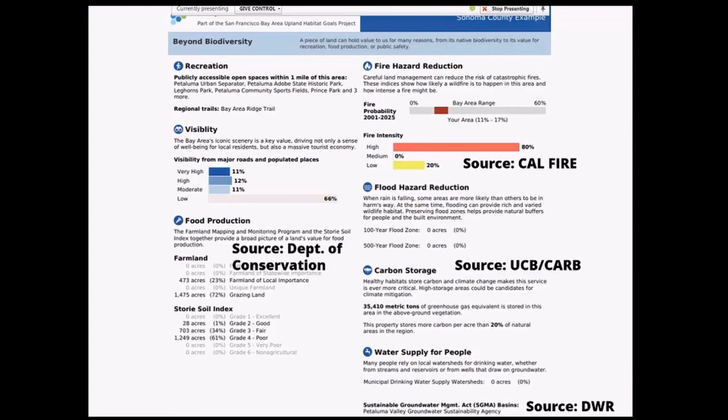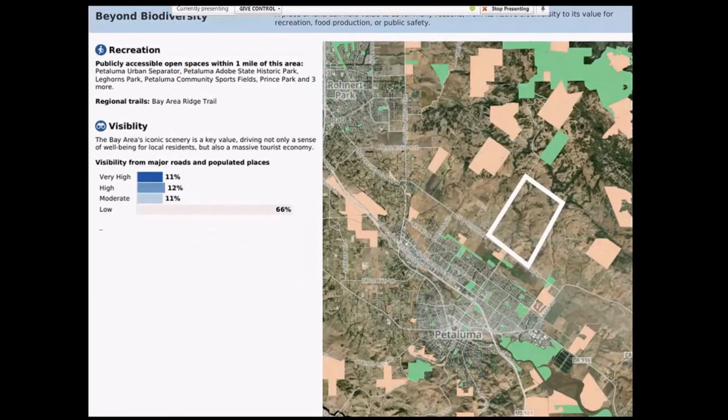So, for instance, if you're on the Explorer tool and you run a report, you can get information about recreation. Here's just an example near Petaluma. This is a property that's near several other parks. It has a variable amount of visibility from populated places and major roads.